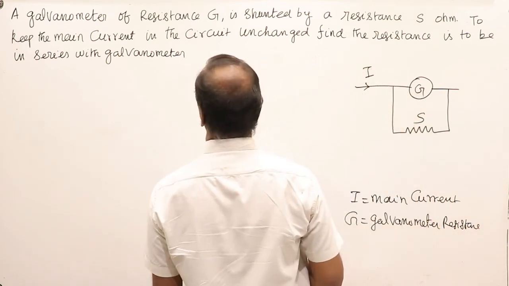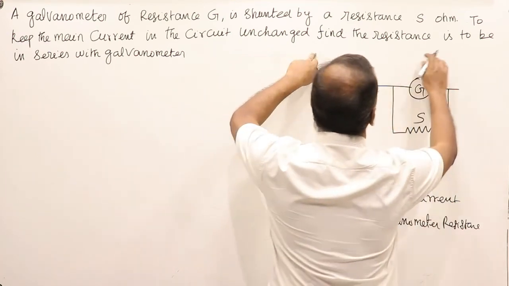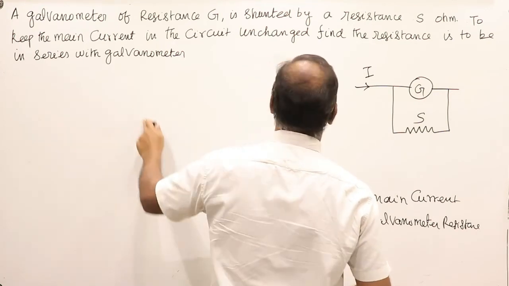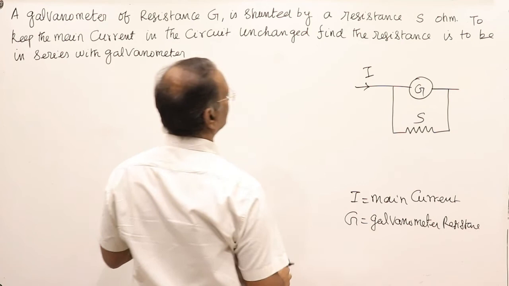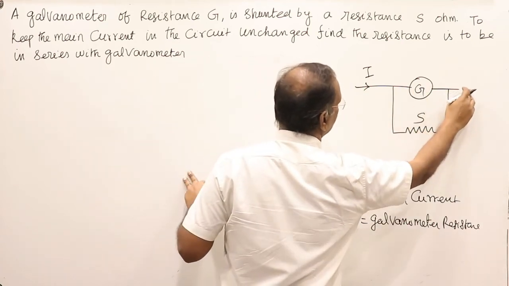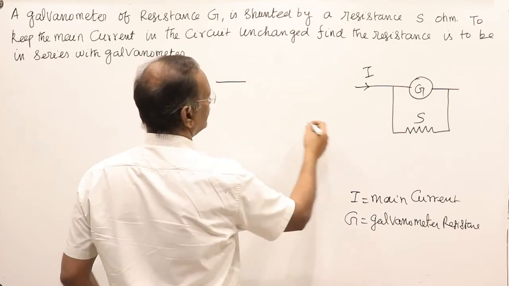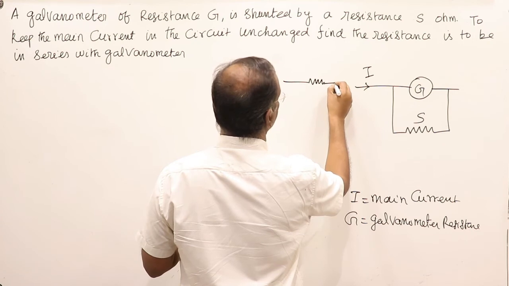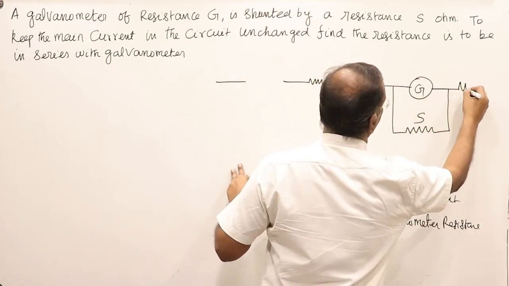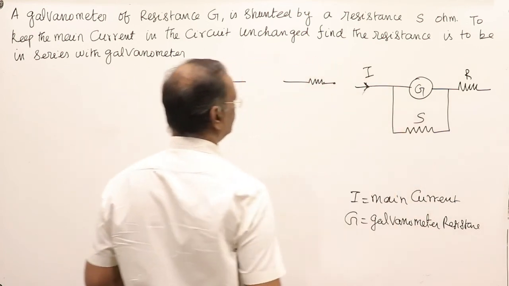To keep the main current constant in the circuit unchanged, find the resistance to be added in series with the galvanometer. It means to keep the main current constant, we are adding a resistance in series.